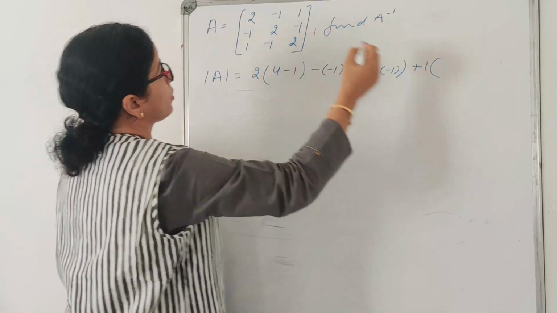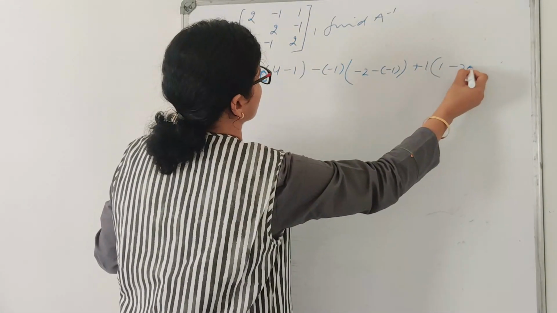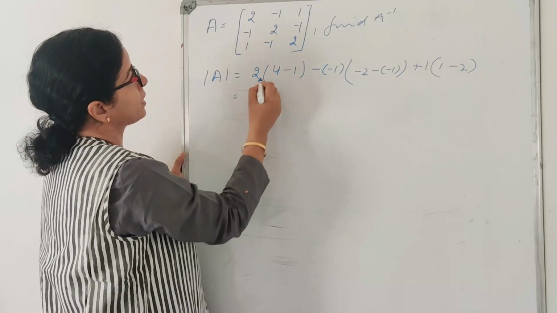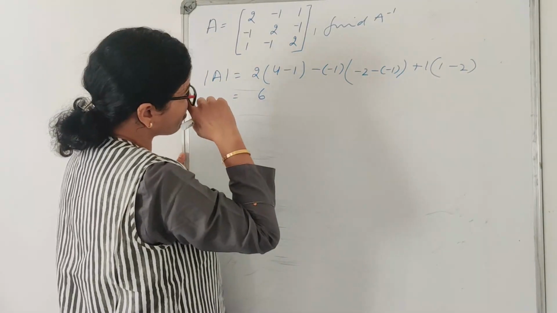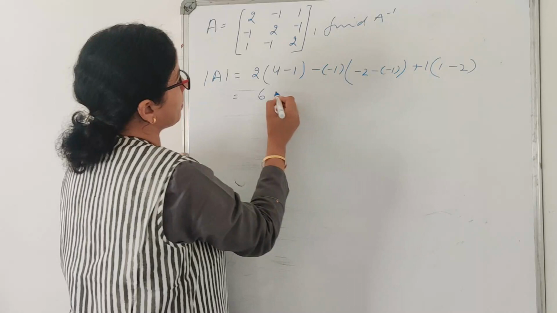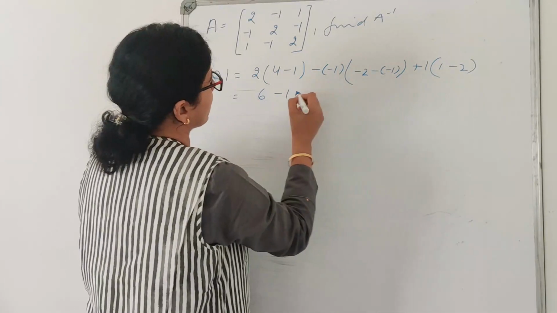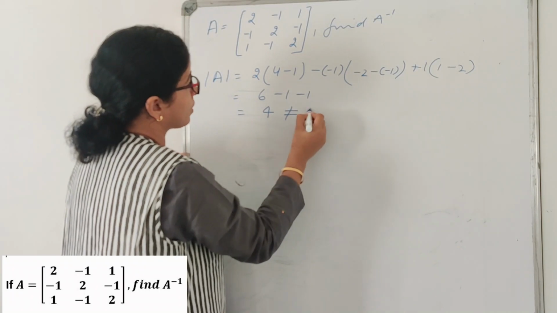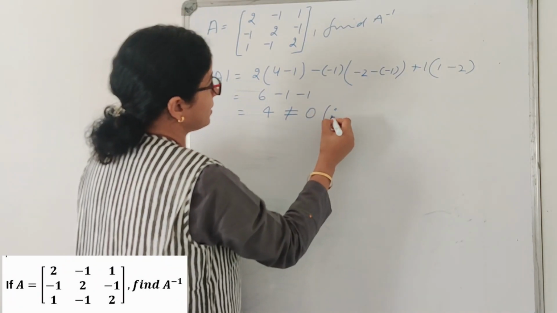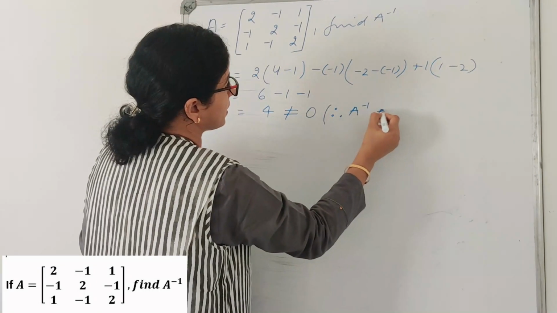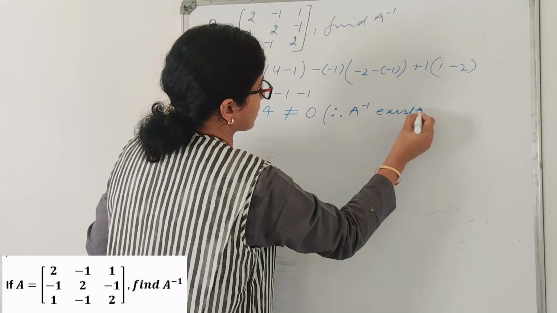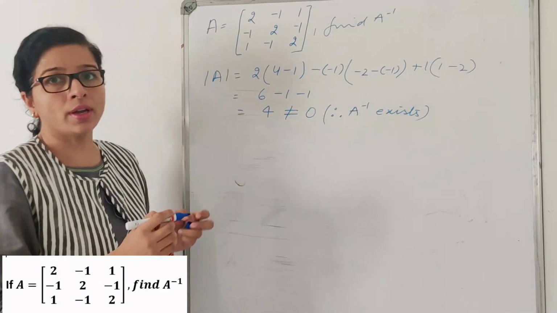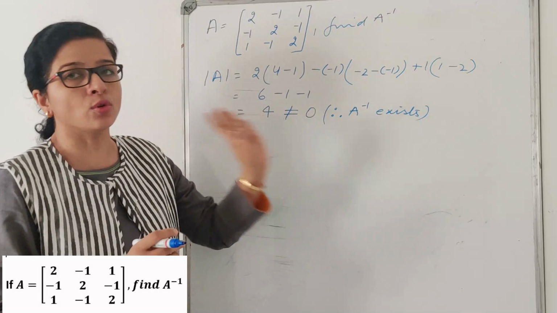Leave the corresponding row and column, 1 minus 2. Okay. So what you are getting here? 2 3s are 6. Here you are getting minus 1. Here you are getting minus 1. So it is coming 4, which is not equal to 0. So hence A inverse exists.